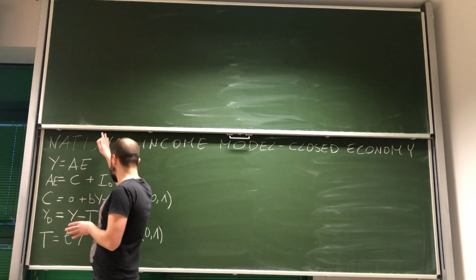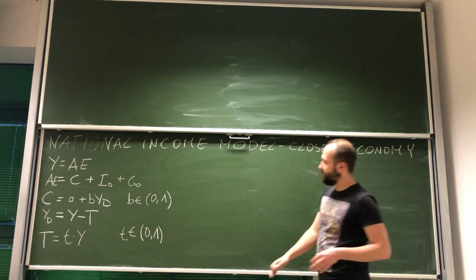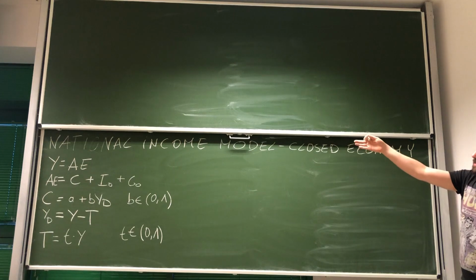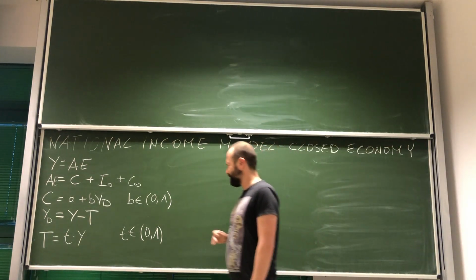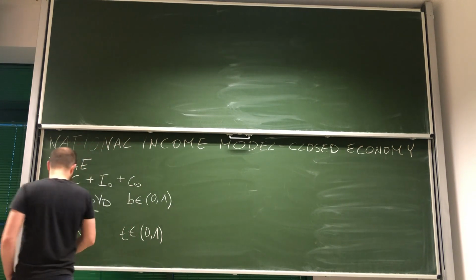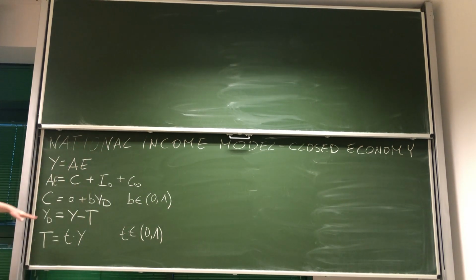Okay, and our national income model that we're going to start with is given by these 5 equations. And we're going to identify what are all those 5 equations in a second.